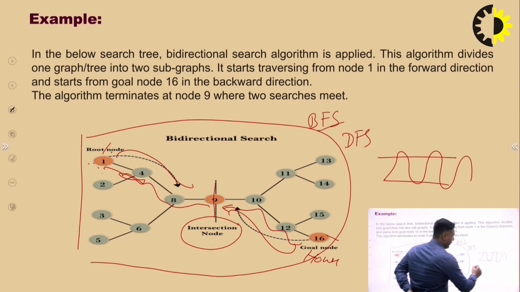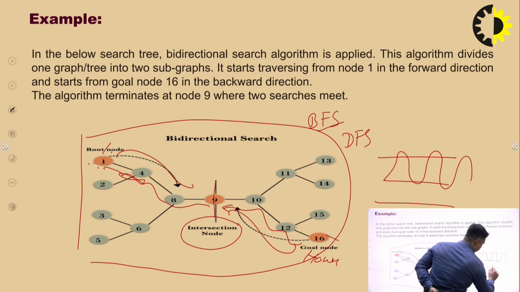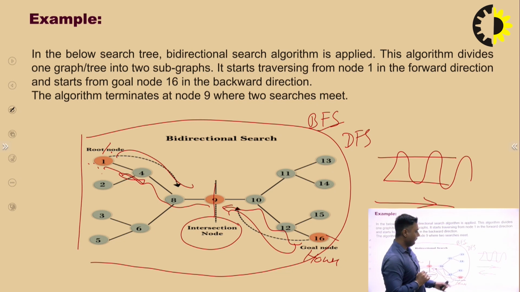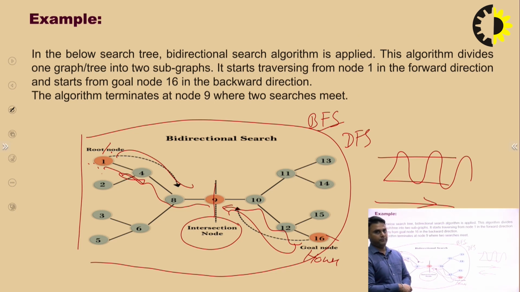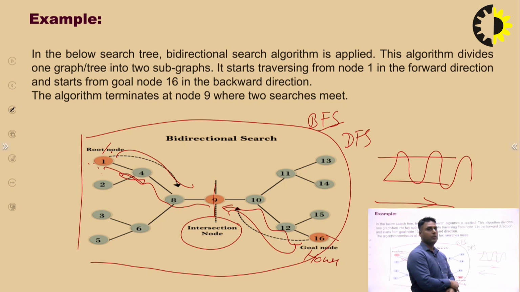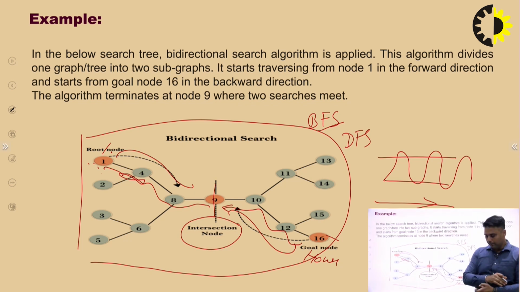But in DFS it moves this way and it moves this way. So if it moves in different directions, then the intersection point is not met, so the goal node is not found. But in the BFS case it intersects at every point, so the goal node is easily found.